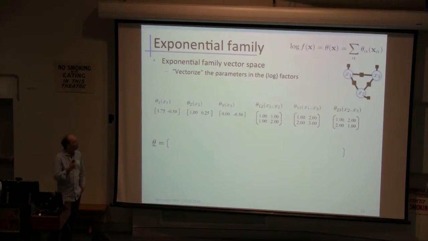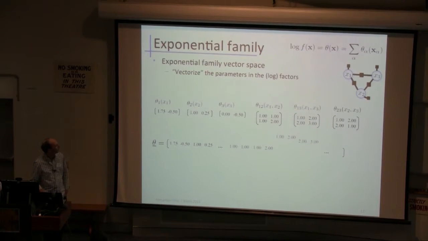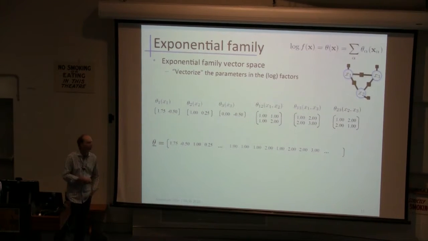But it's often useful to think about this model as being a point in some high-dimensional space. And so we'll think about that by describing the model by a parameter vector using the exponential family form. So effectively, this just vectorizes the parameters of these log factors. So we can make a vector theta that's constructed just by collecting all of these factors together and stringing them out into one long feature vector.